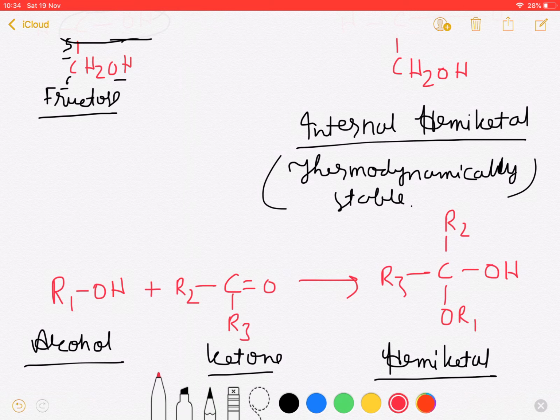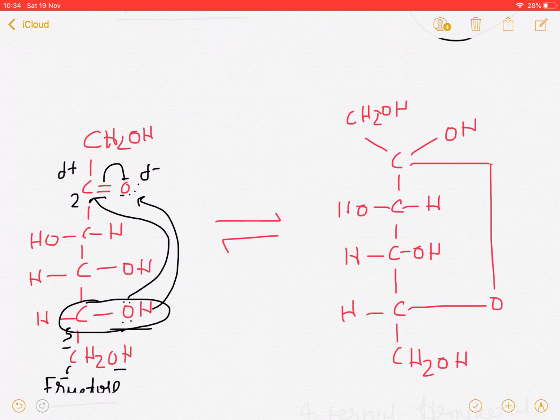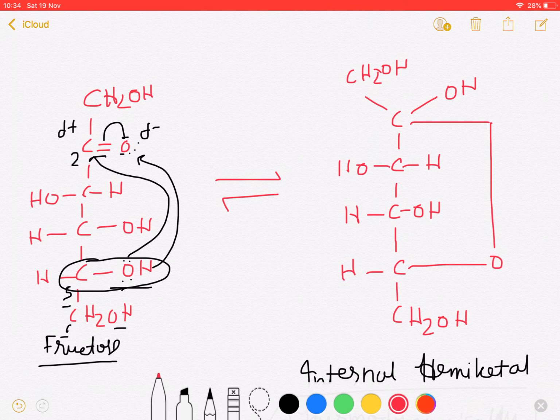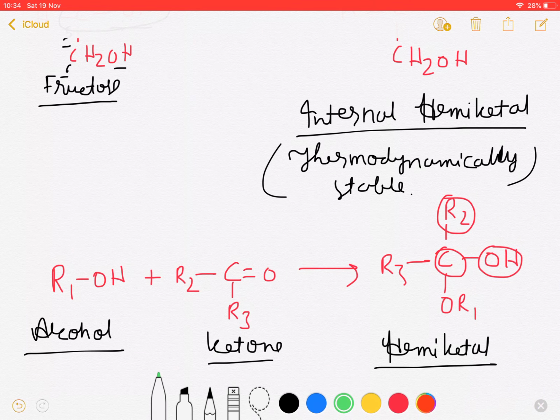As you can see inside the hemiketal, OH is connected to the central carbon and R2 is connected. And inside this internal hemiketal form of fructose, OH is connected to this particular carbon, and this particular carbon chain is called R2.